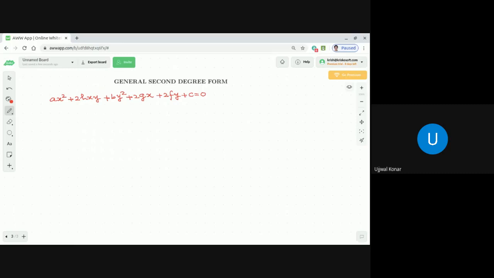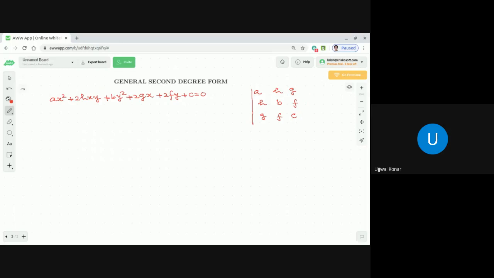For example, just to cite what we discussed earlier, under what condition does this general equation of second degree represent a pair of straight lines? The value of this determinant, a, h, g, h, b, f, g, f, c, has to be 0. This was the condition so that the general equation of second degree represents a pair of straight lines.